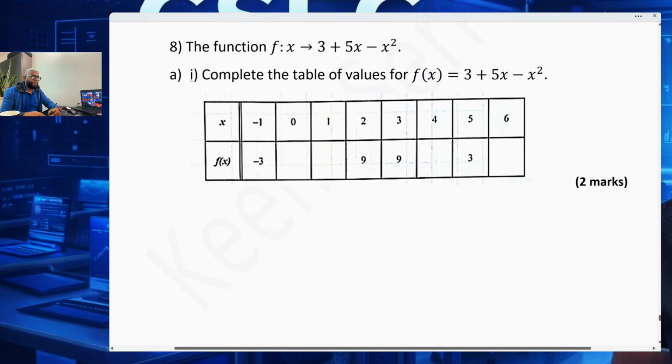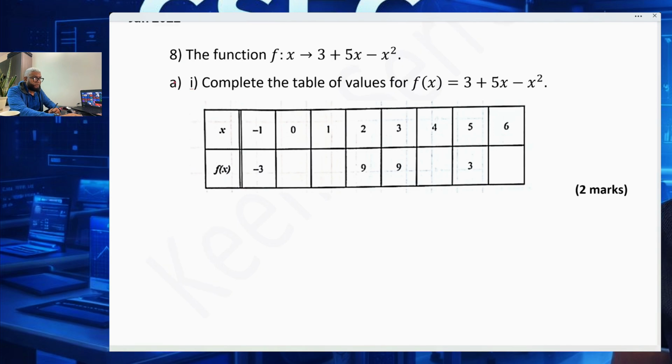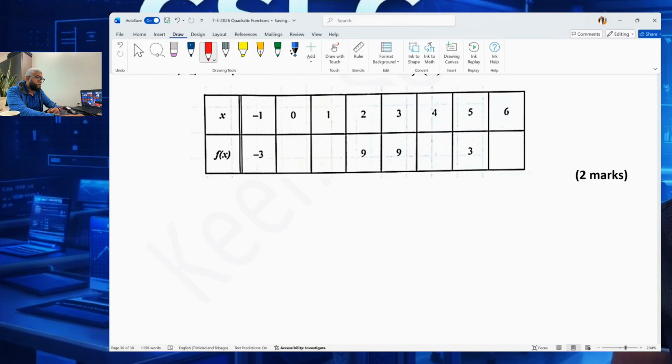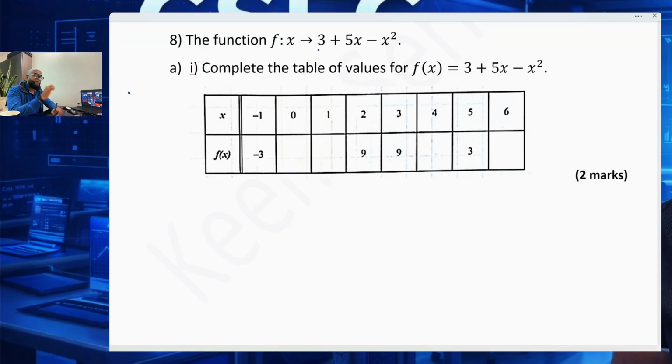So function number 8, this is January 2022. The function f such that x maps onto 3 plus 5x minus x squared, right? Complete the table of values for f of x is equal to 3 plus 5x minus x squared. So this means that we need to find all our missing values, right?